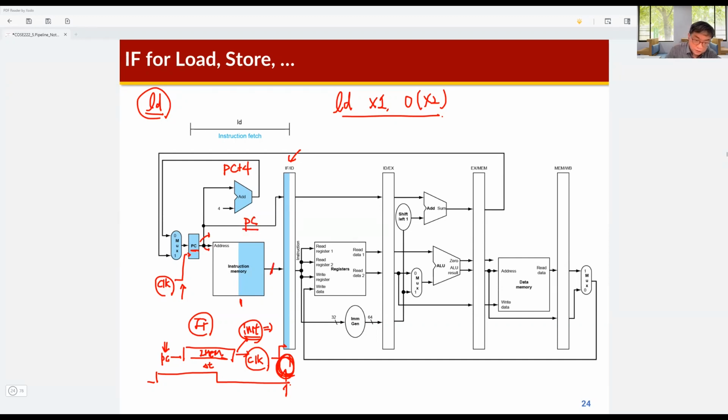So PC is connected to here. So PC and instructions are sampled at the rising edge of this clock signal by the instruction fetch and instruction decoding pipeline register. And that's it.